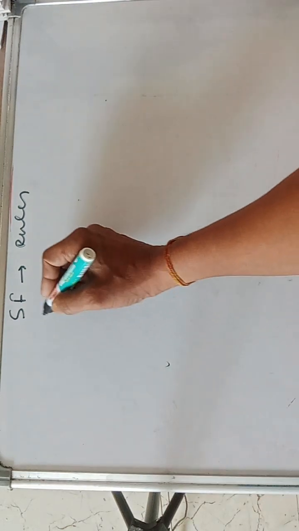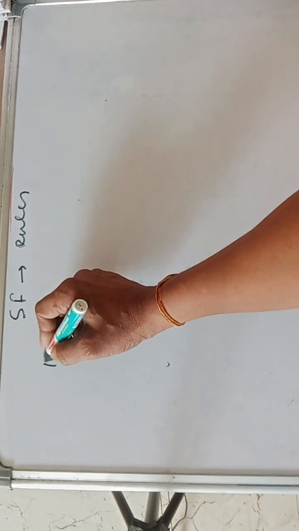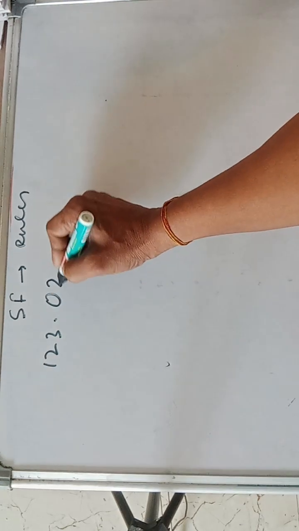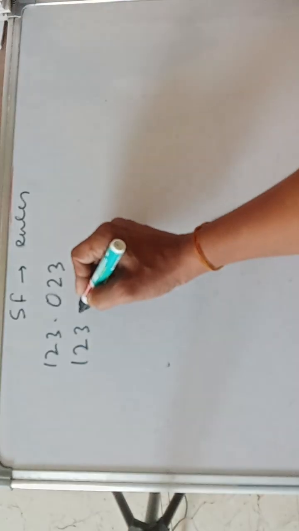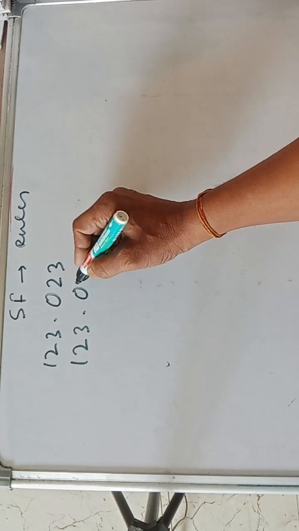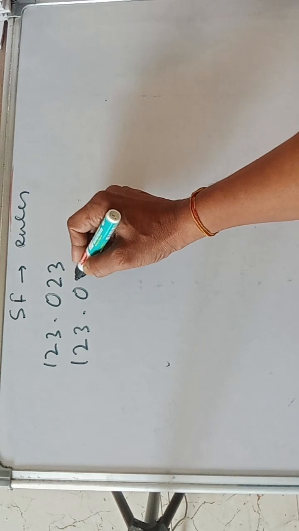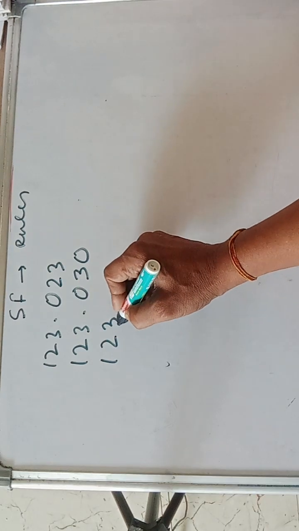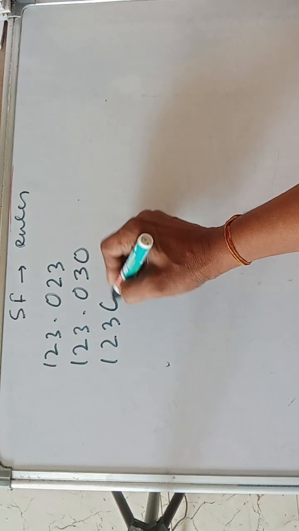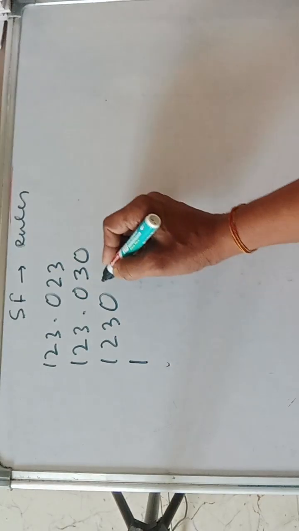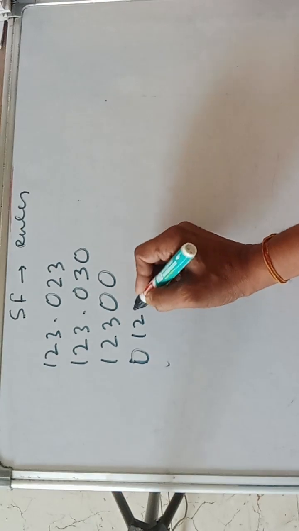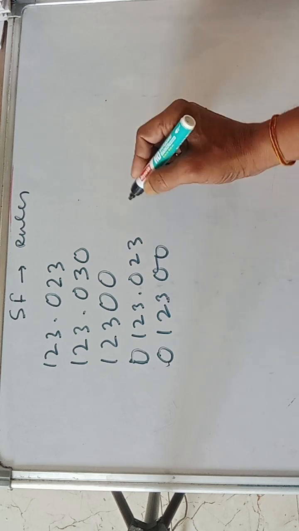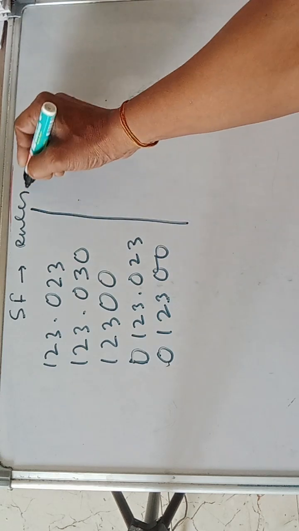Suppose after measurement, the result gave numbers like 102, 123.023, 123.030, 123.0, 0.12300. We have certain rules we have already studied.